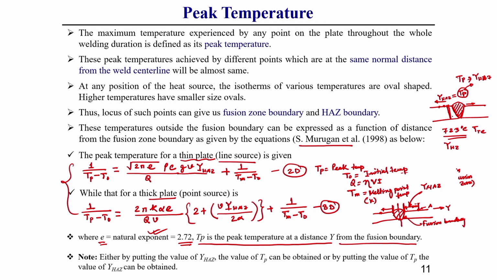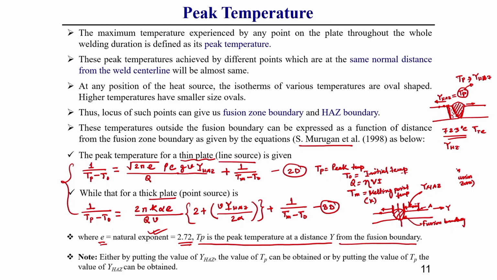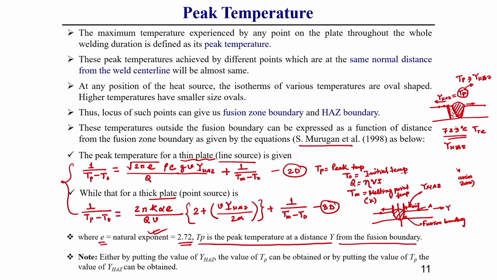For a particular distance, let this dotted line represent it, you can easily predict the heat affected zone width. Understand what I am telling? So you can easily predict the zone of the heat affected zone with the help of this peak temperature equation.